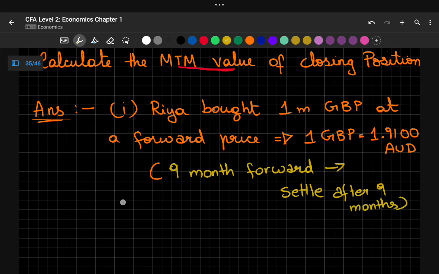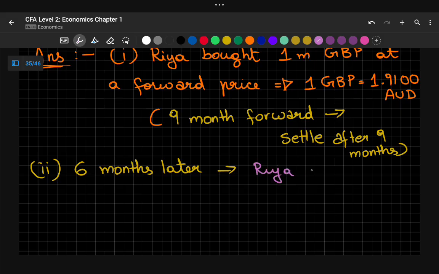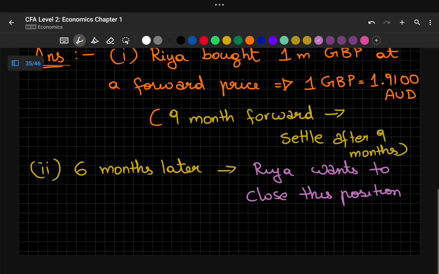Now the second section of the question said that 6 months later, Ria wants to close this position. How can she close the position?